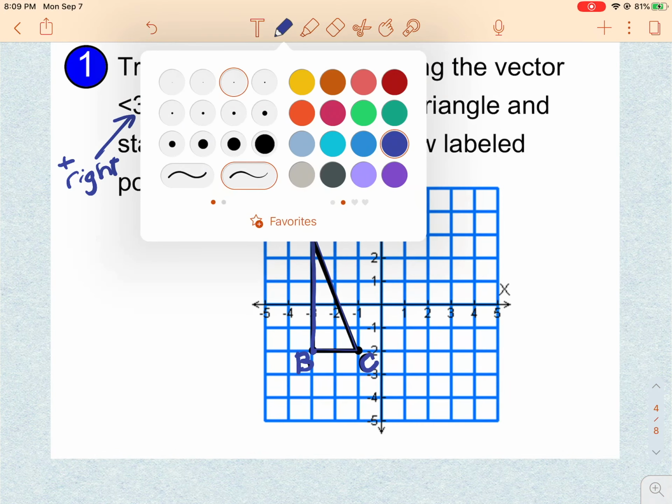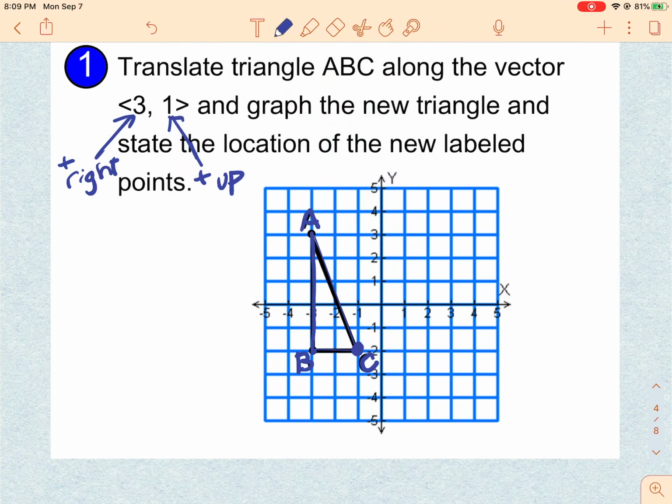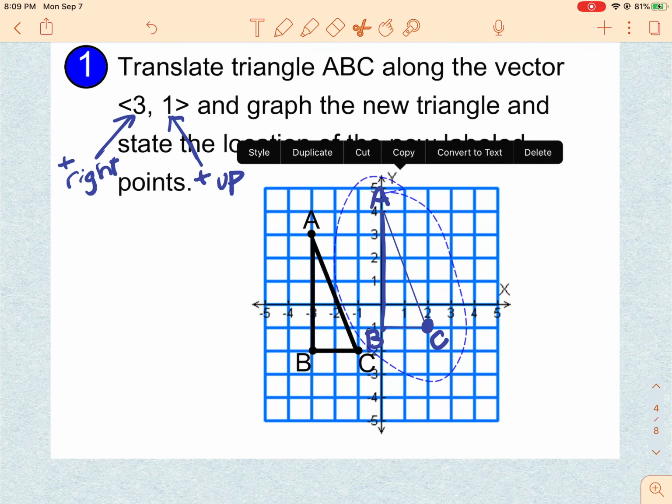I'm going to darken 1 point that just kind of shows what we're doing. If we took this whole thing, and I'm using the C point as going over 1, 2, 3, but then up 1, you land right here.